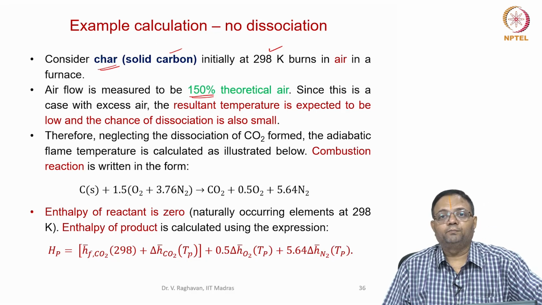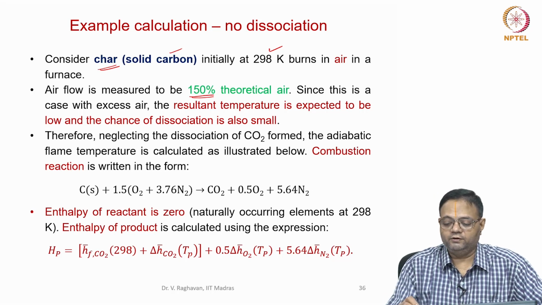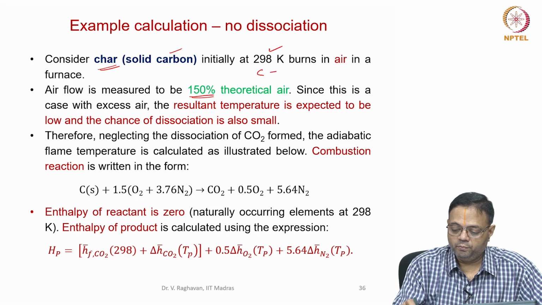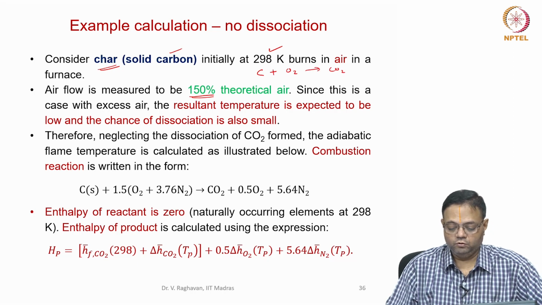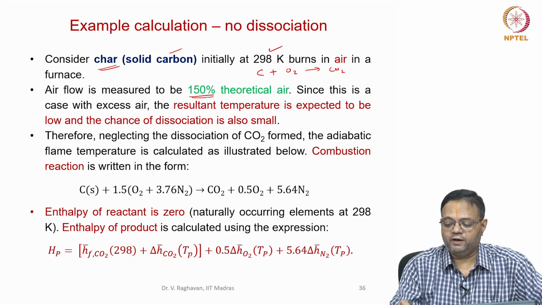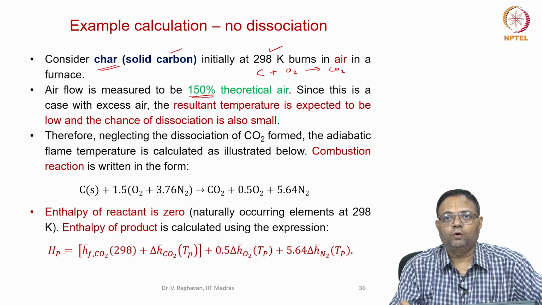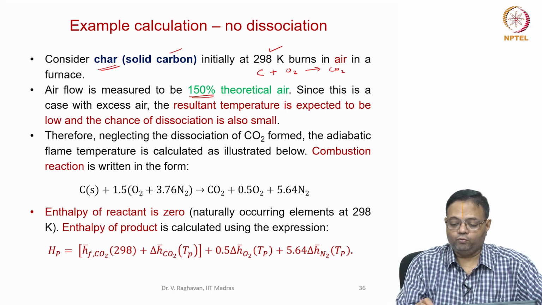The amount of air supplied is 150% of the theoretical value. Do you understand? So, C plus O2 giving CO2. I am saying that for one atom of carbon I require about 1 molecule of O2. Now it is 150% of that.